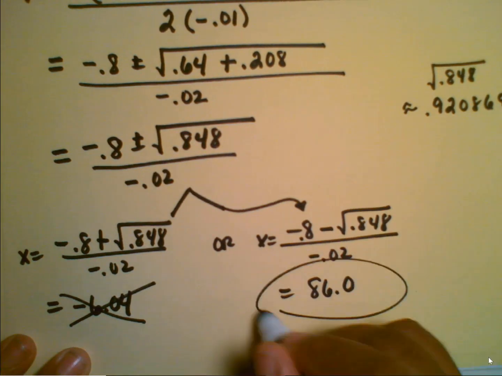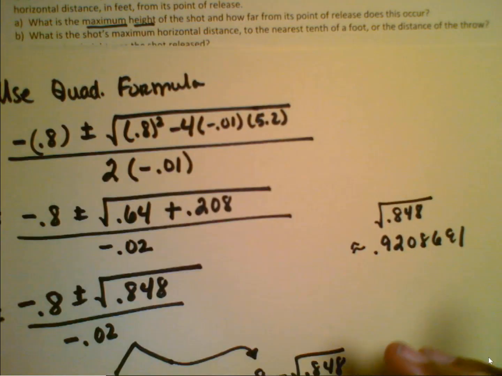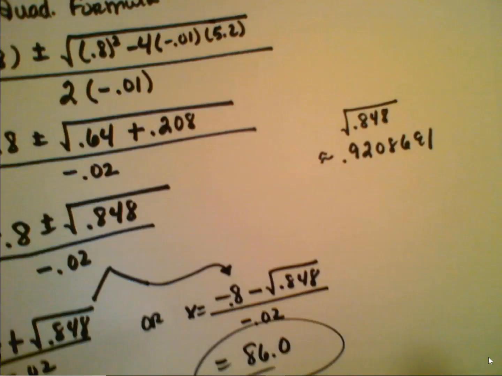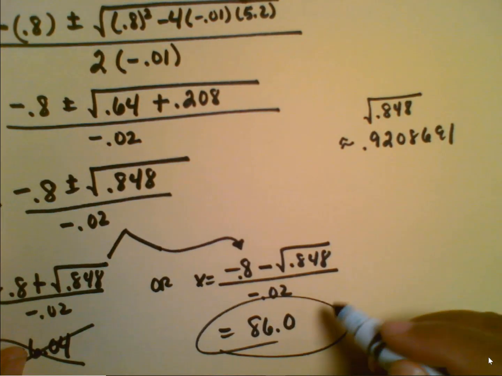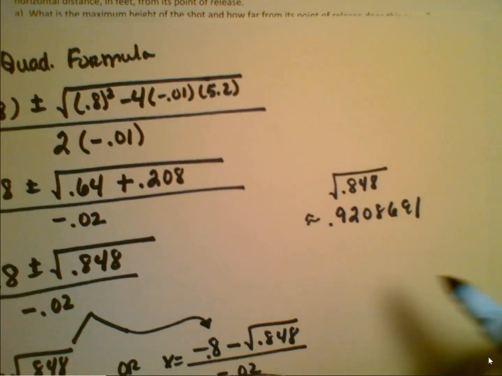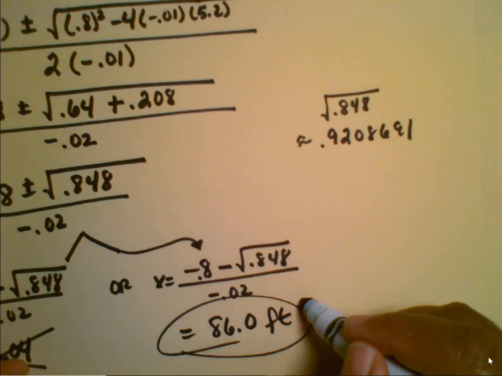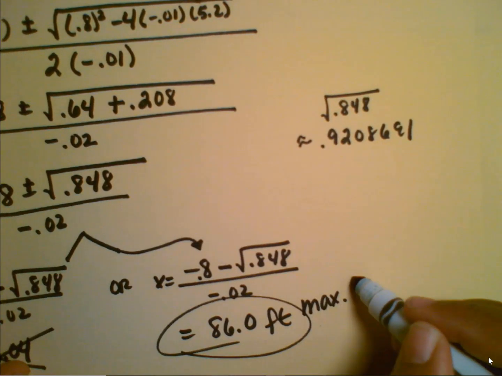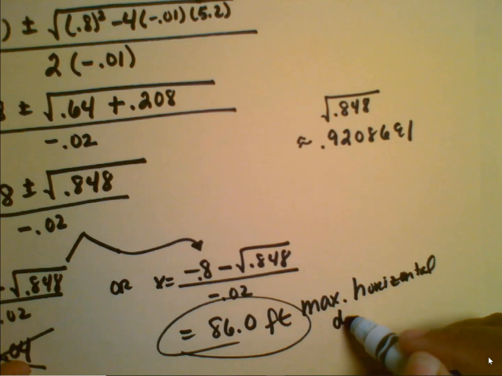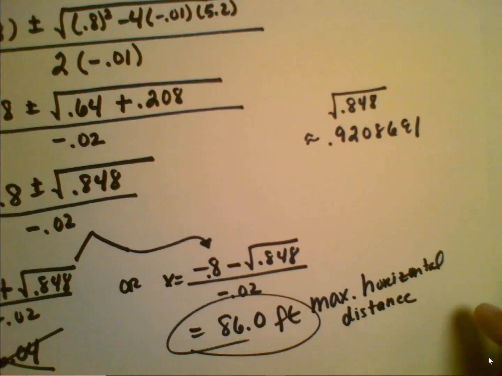Therefore, our solution to this formula to answer the question, the maximum horizontal distance, is 86.0 feet. Okay, so that is our, let me write it down, maximum horizontal distance. Okay, so that was part B.